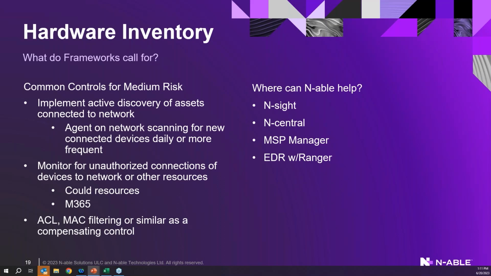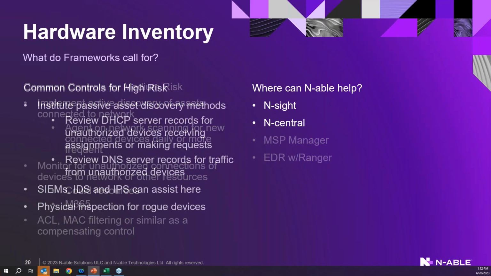And then also monitoring for unauthorized connections of devices to networks or other resources. So this is also going out into your cloud provider services, your M365 tenant, and making sure that you got a handle on what devices are connecting to it, access control lists and MAC filtering or similar types of control measures to control what's in the environment.